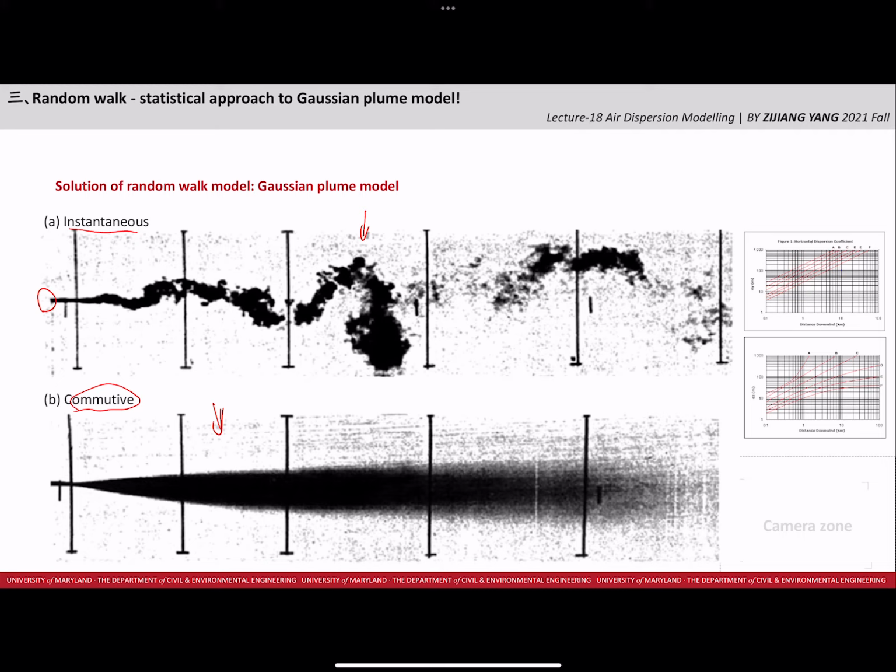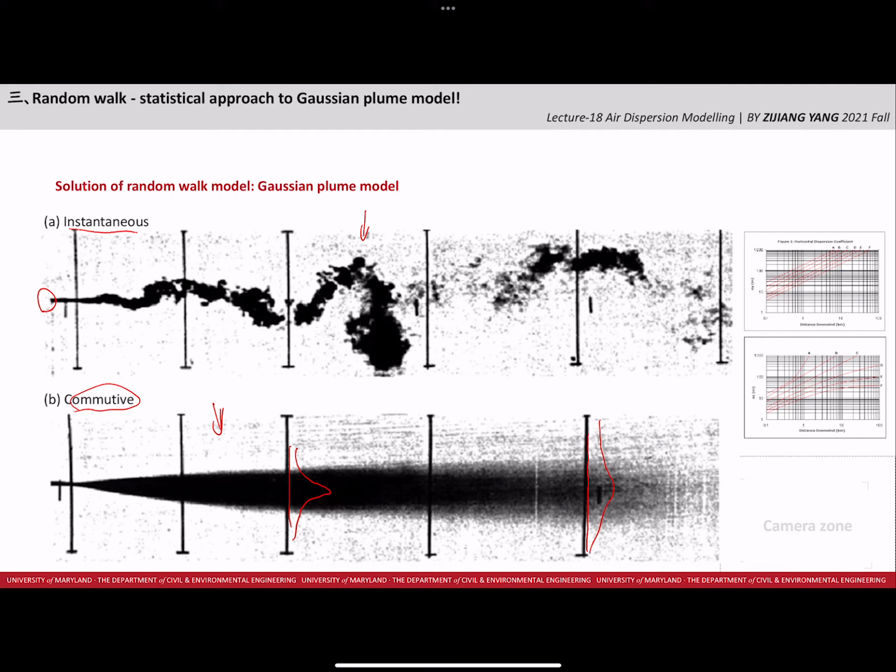So if we calculate the average concentration of this cumulative plume, we can find that it follows a normal distribution. Similarly, if we measure the average concentration here, it will be something like this.